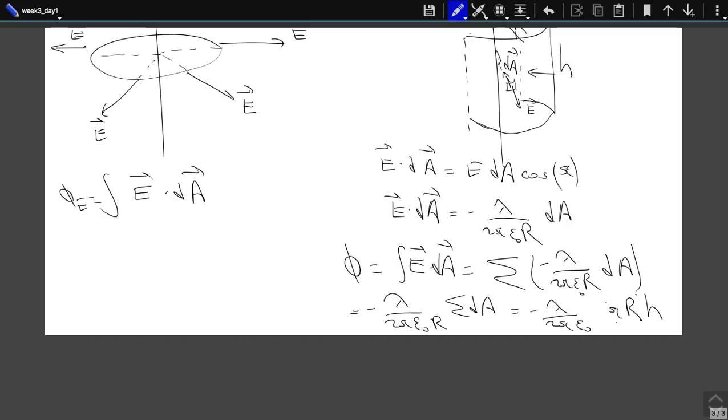Pi r is this circumference over here. This is a half circle. The full circumference is 2 pi r. I have half of it, pi r, times the height of the cylinder. That gives me the side area. So for the electric flux, you've got an R and minus lambda, so let's see, these pi r's cancel.